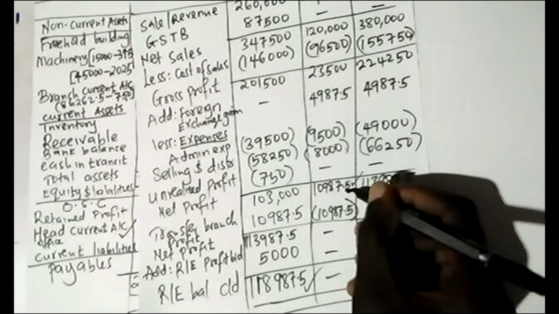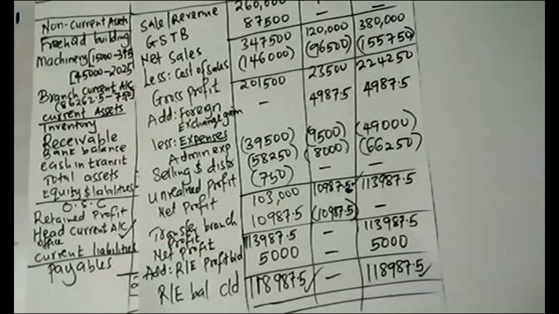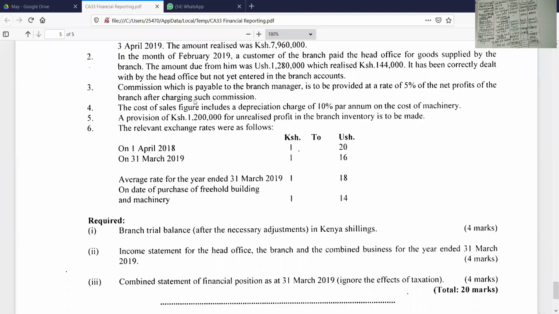So after getting your net profit, consider the bonus. It was a commission, not a bonus. I'm talking about bonus because in most questions you find that they have talked about bonus, but this is commission payable to the branch manager, 5% of the net profit of the branch after charging such commission. So which means that your net profit you will get is at 105.